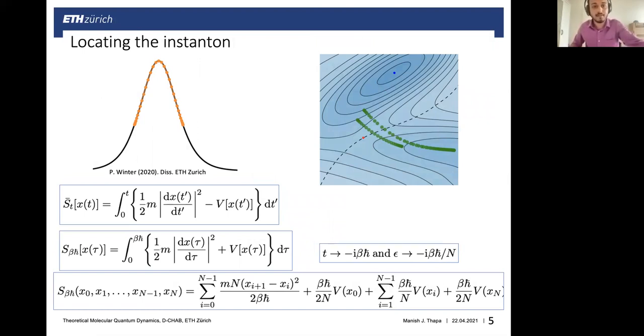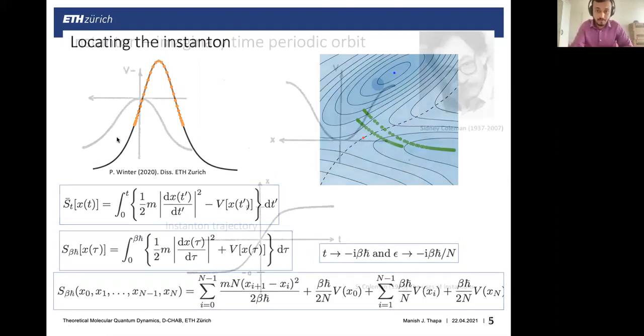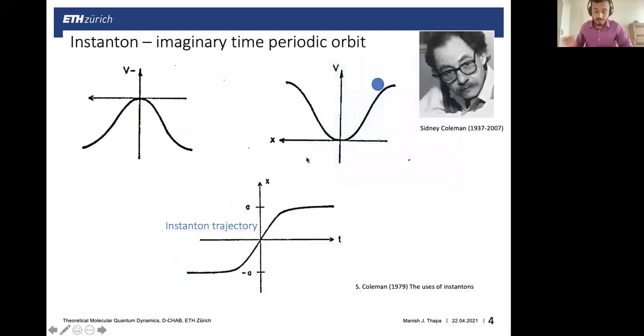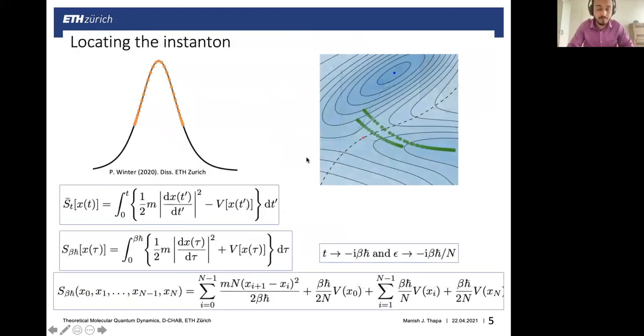So you can see here, it's a classical trajectory in the inverted potential, which is like this. You invert it back, and you locate this instanton, right? So that is how one locates an instanton. And so basically it is equivalent to propagating a quantum particle in imaginary time.